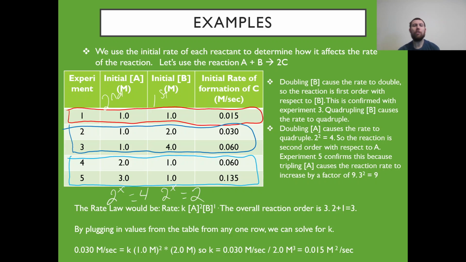When you simplify that, you're going to end up with 0.030 molar per second divided by 2.0 molarity cubed. The units here are a little off. It should be 0.015 divided by molarity squared times seconds.